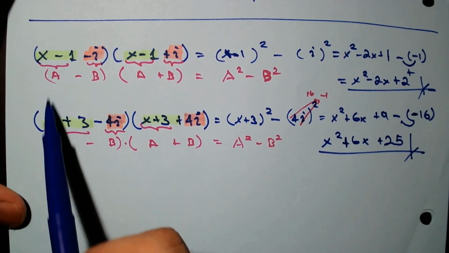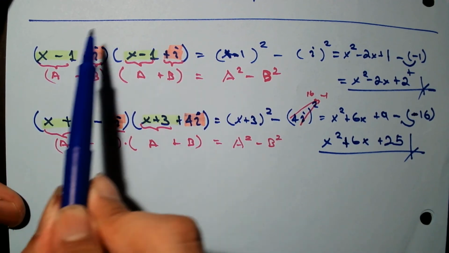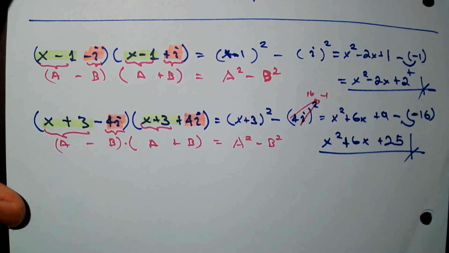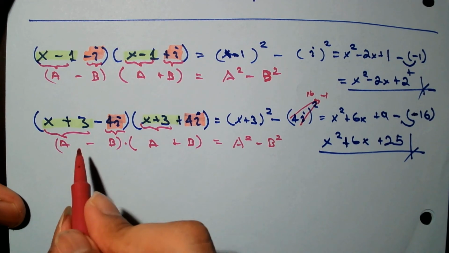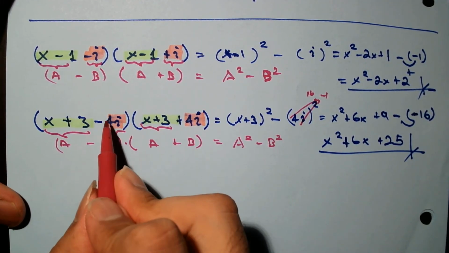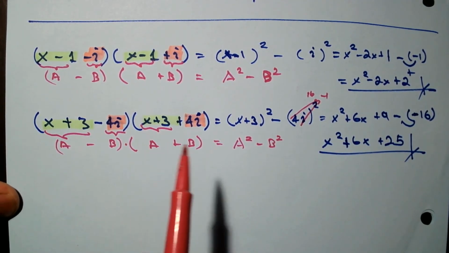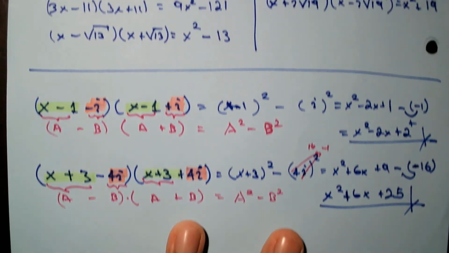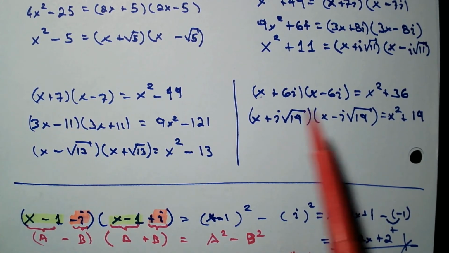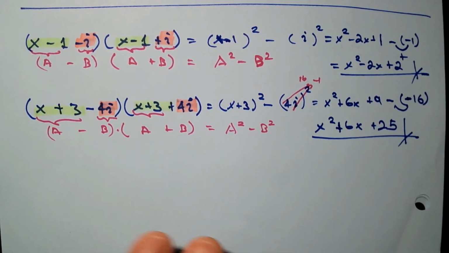So more often than not, especially in the following section, we're going to run into situations like this in which we are going to have the product of two binomials in which the constant term will be a complex number, not just a real number or a simply imaginary number. It's going to be a combination of them.